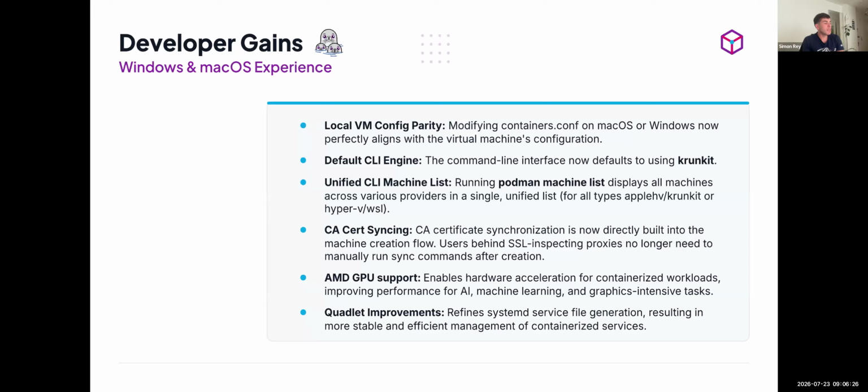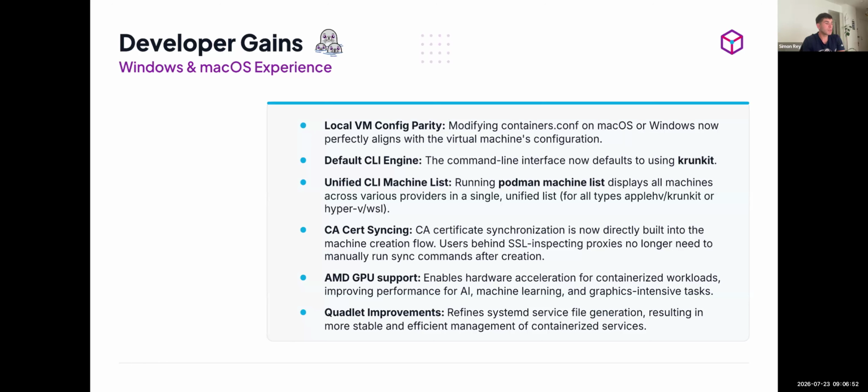Then you will have certificate authority cert syncing. Now with Podman 6.0, it's directly baked into the machine creation flow. So the Podman team made this native, so we no longer need to maintain manual synchronization commands.